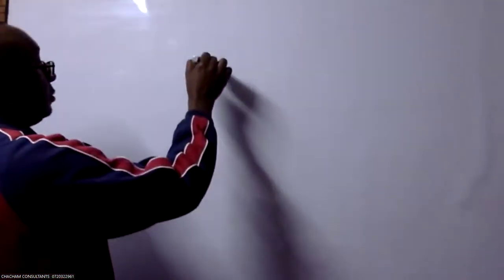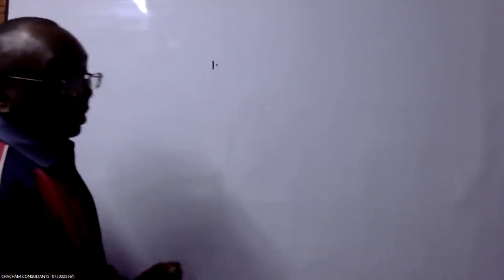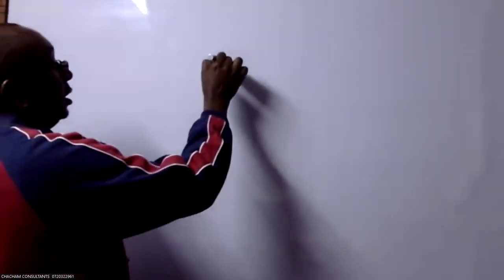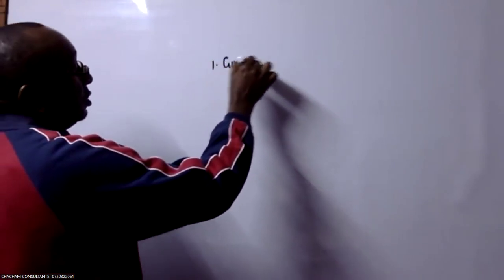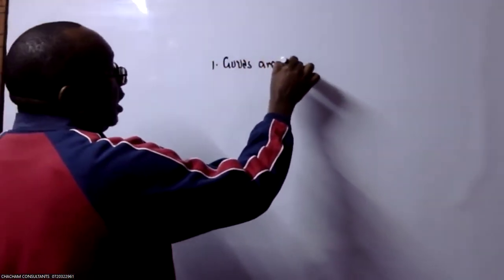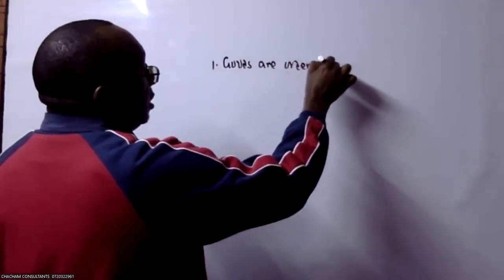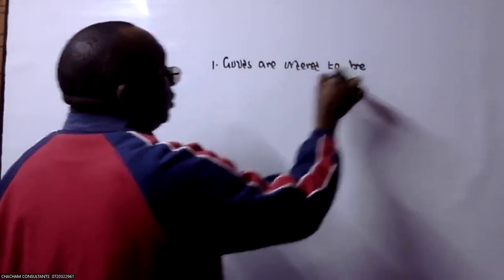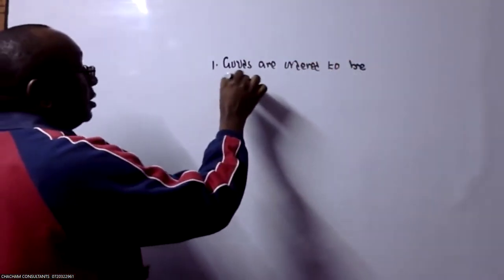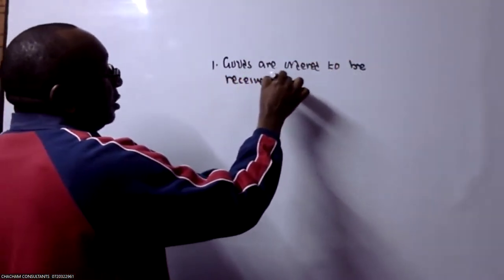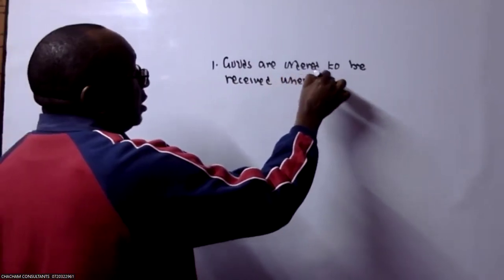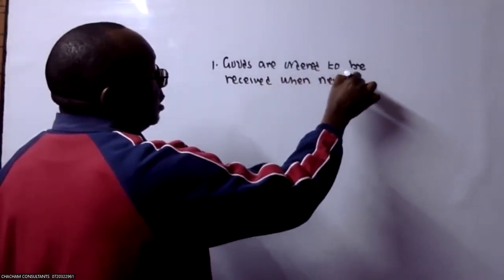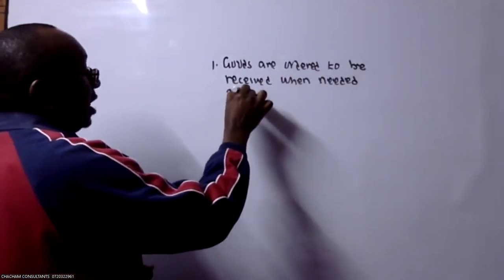Number 1 is goods are ordered to be received when needed for production.